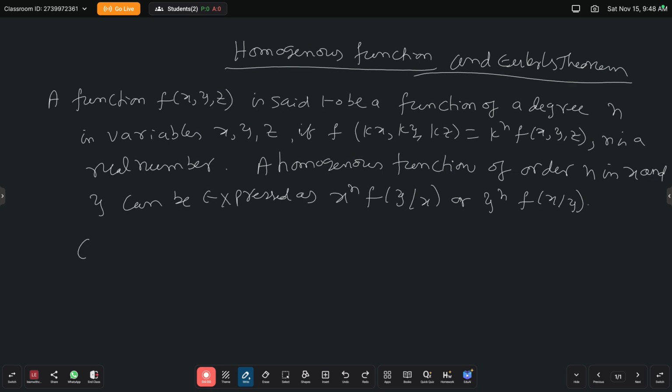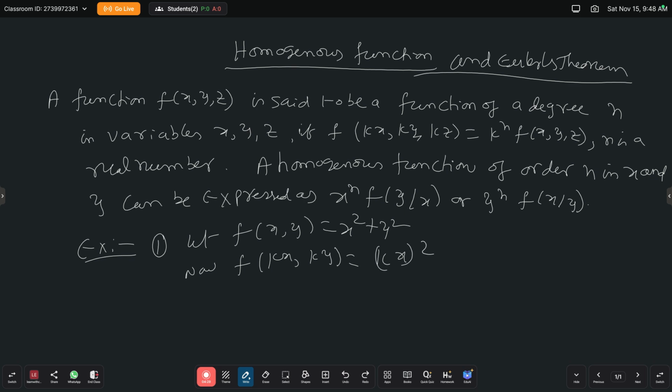See the example of a homogeneous function. Let the function of the two variables x comma y be equal to the given function x square plus y square. Now the function of kx comma ky is equal to, with x replaced by kx whole square and y replaced by ky, the given function x square plus y square.